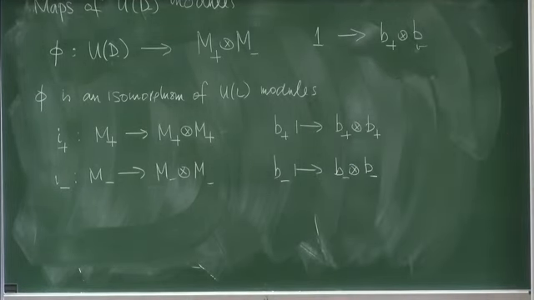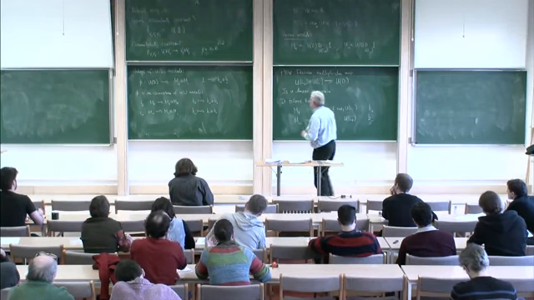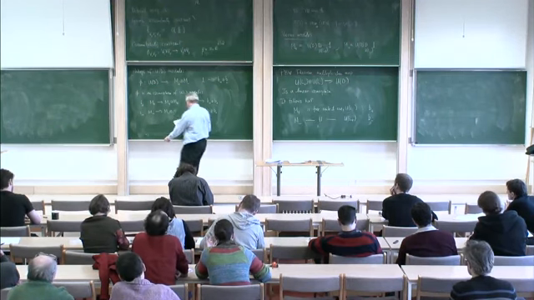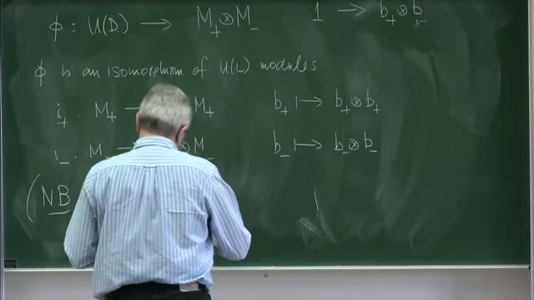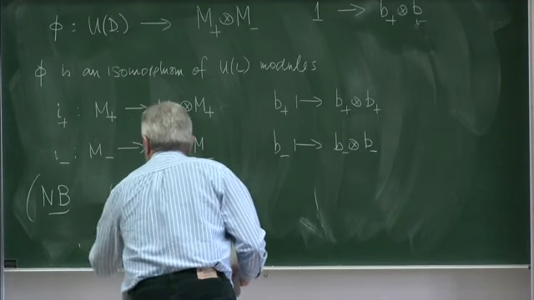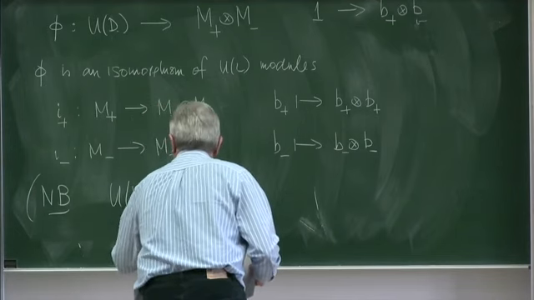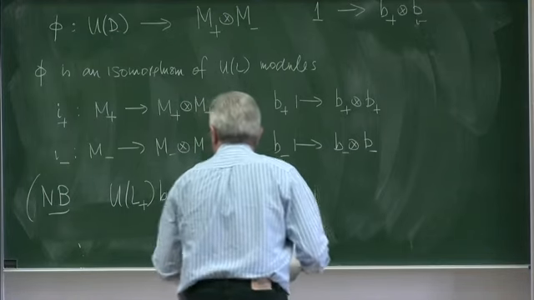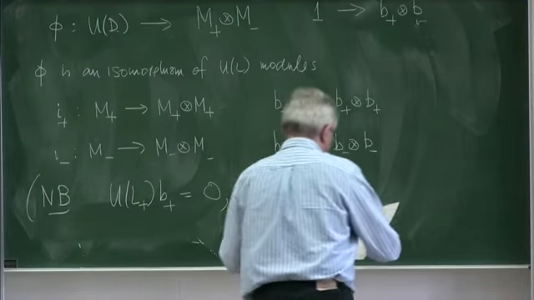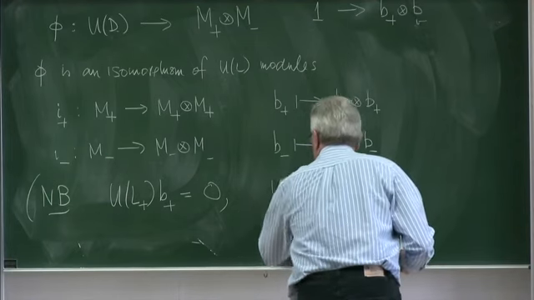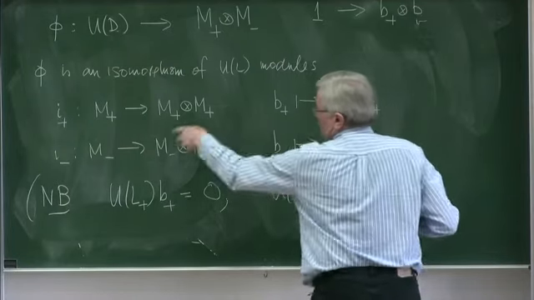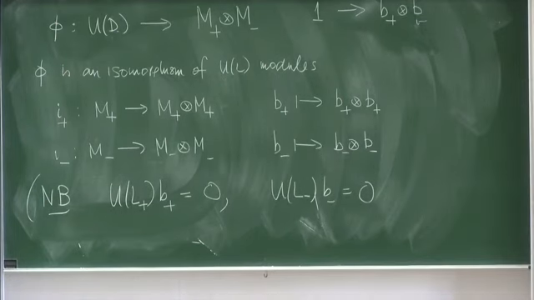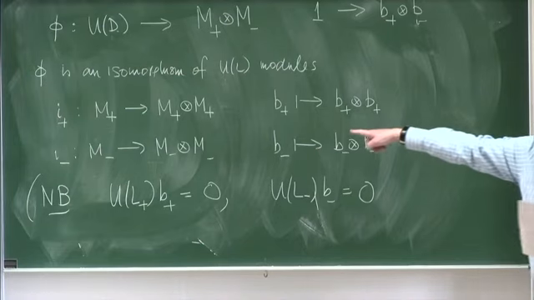And you see, it's important here that, of course, if I take U of L plus acting on B plus, it is 0, as is U of L minus acting on B minus, and that makes these two things well-defined maps.